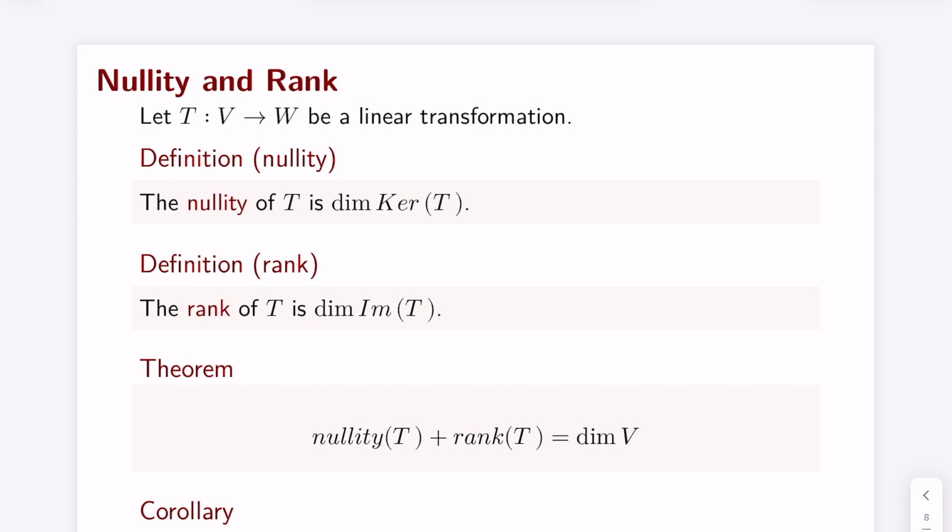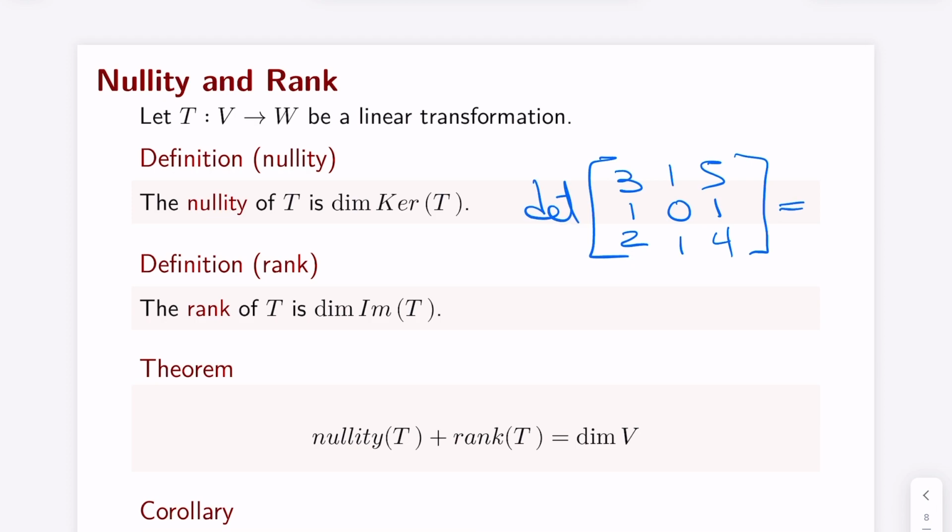Also, the same number can be calculated as the size of the biggest determinant that is non-zero in the matrix. So in either of these two ways, for instance, if you have a matrix like this, you can check easily that the determinant is 0, meaning that the rank is not going to be 3 here.